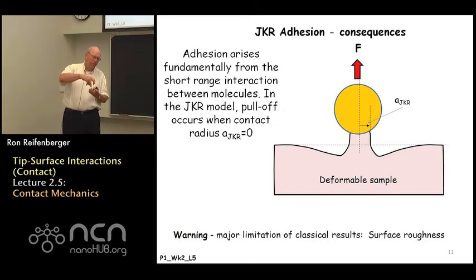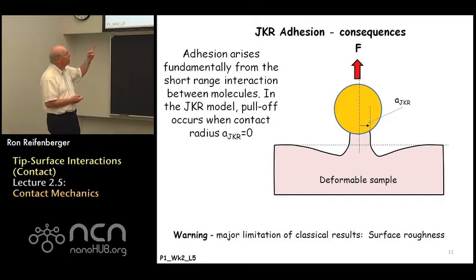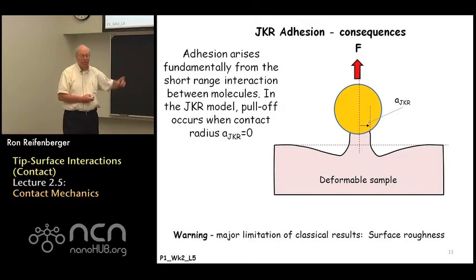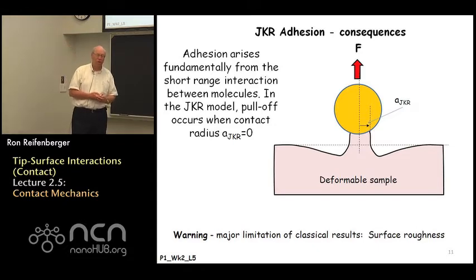The implication is that when the tip is removed from the substrate within the JKR approximation, it's possible to deform the sample, as I've shown schematically here, right? And there's going to be a minimum radius that describes that contact before separation occurs, right? So that's again a parameter that the JKR model predicts.